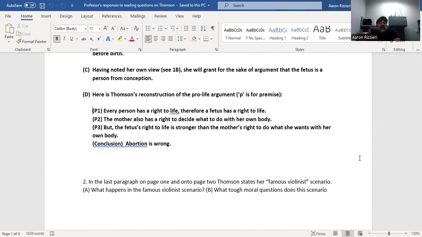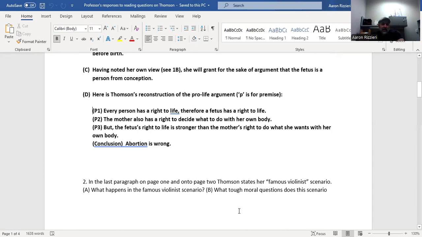So Thompson is reconstructing the main argument for the pro-life position in a form that's useful for discussion. The key claim really is premise three. Well, premise one's a key claim, and then this comparative claim in premise three is really the focus of her own arguments. Is it true that the fetus's right to life is stronger than the mother's right to do what she wants with her own body?